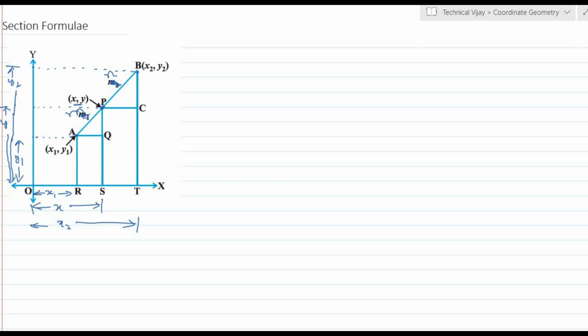By seeing this triangle and this triangle, this is 90 degrees and this is 90 degrees. In triangles APQ and PBC, we observe that angle Q is equal to angle C, and angle A is equal to angle P, as they are alternate angles.